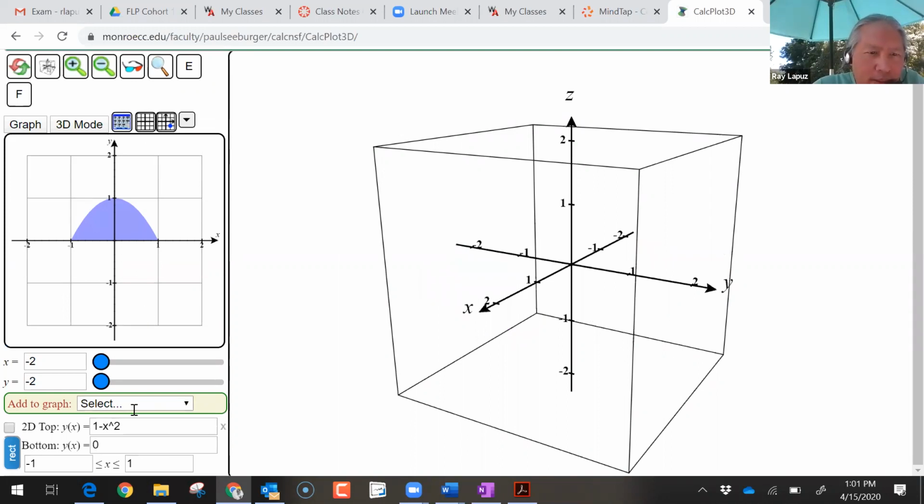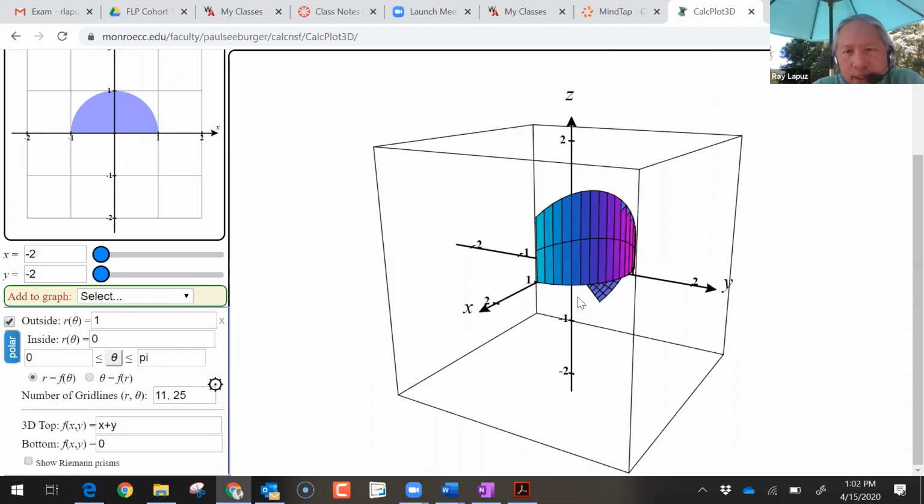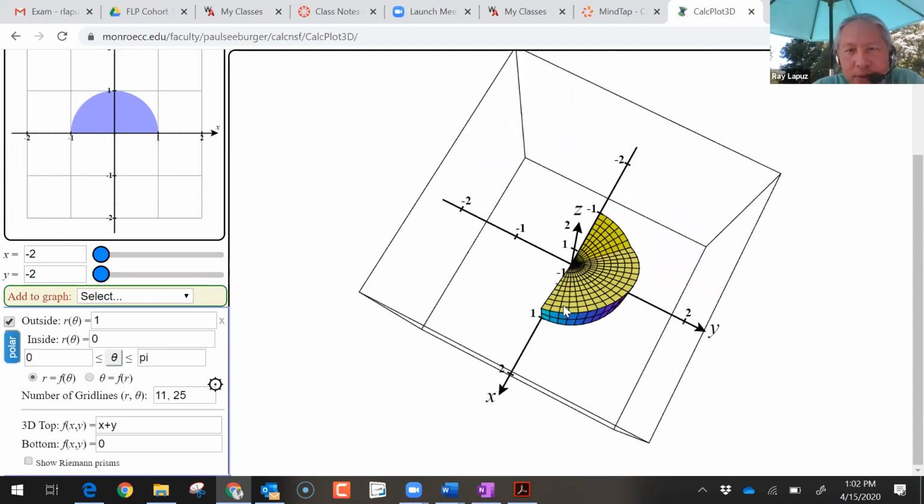So let's do a circle, circle radius 1, and let's do a plane here. x plus y, maybe. 0 to pi. Does that look like a cheese wedge?